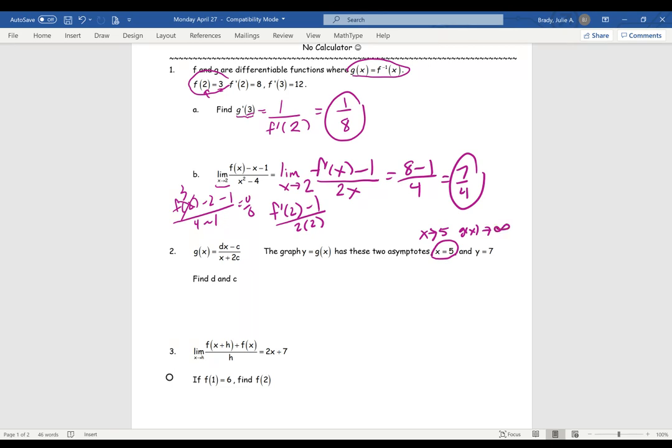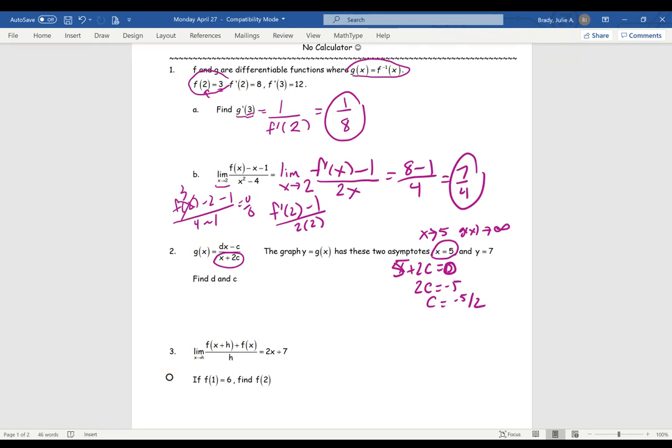So the only way that's going to happen here is if the denominator is 0. So let's set x plus 2c equal to 0, and where x is 5. So we know 2c is -5, which means c is -5/2.